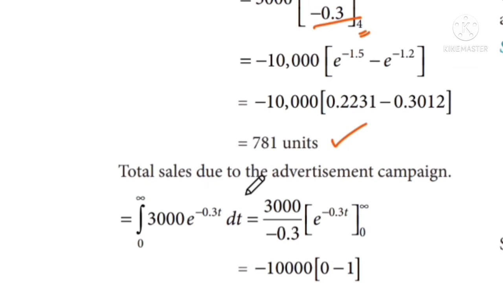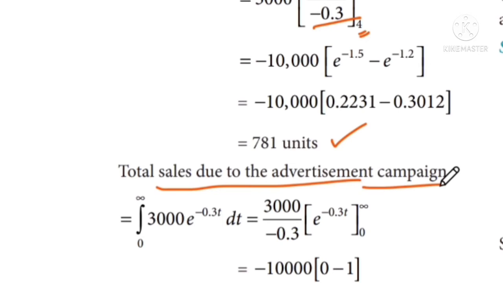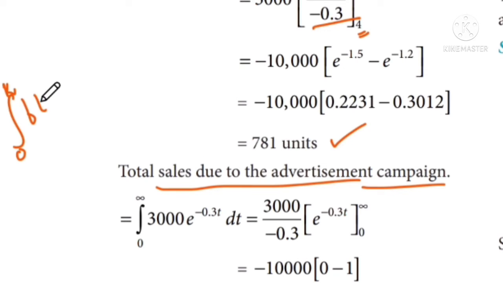Now for the total sales, they have not given any time limit. Usually the formula is integral from 0 to k of f of t dt, where k is the upper limit of time. They'll give you 12 months or 4 months or 12 years, that is your k.